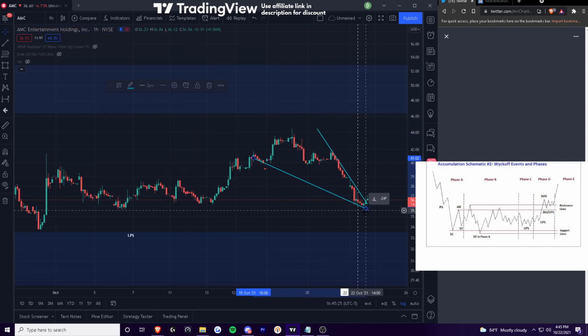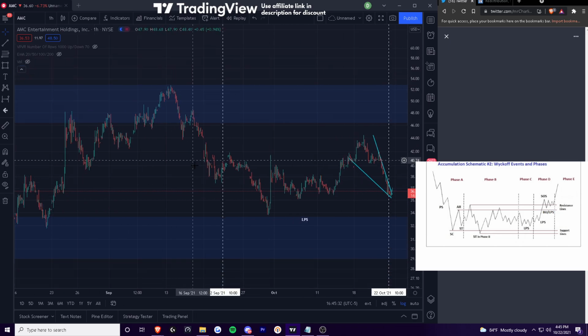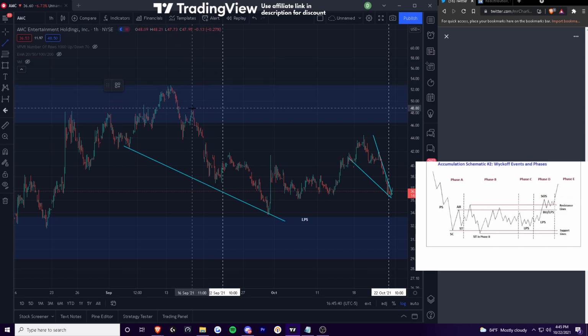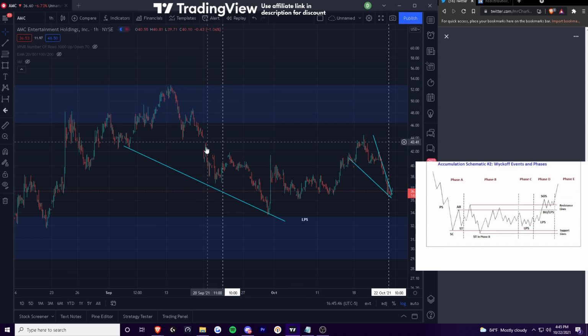Does this falling wedge not look like another falling wedge that you've seen recently? Maybe on this channel. Maybe something similar has occurred in the past. I don't know, dude. Super creepy stuff.